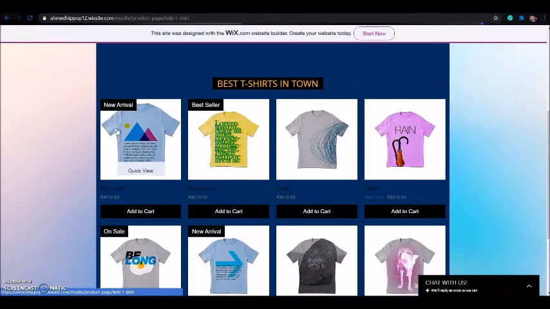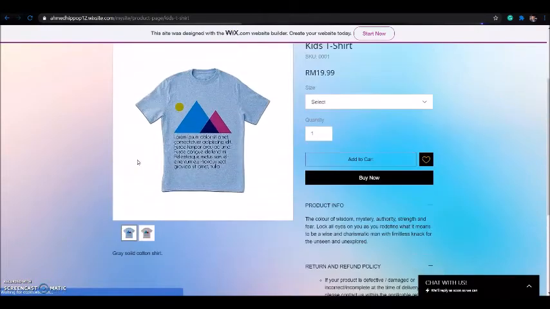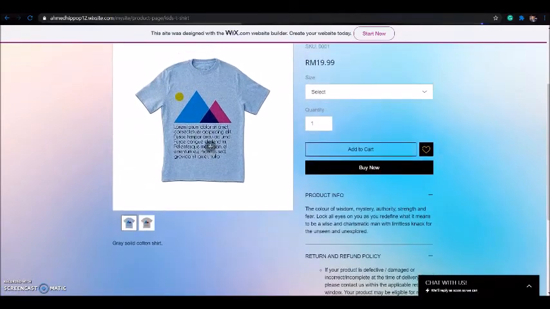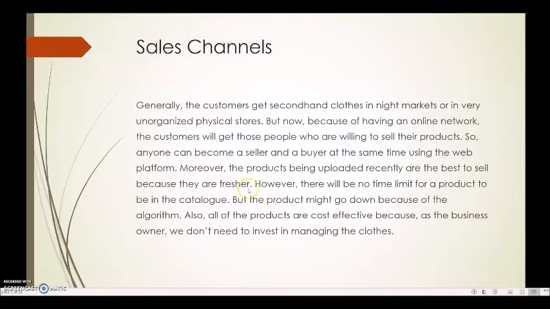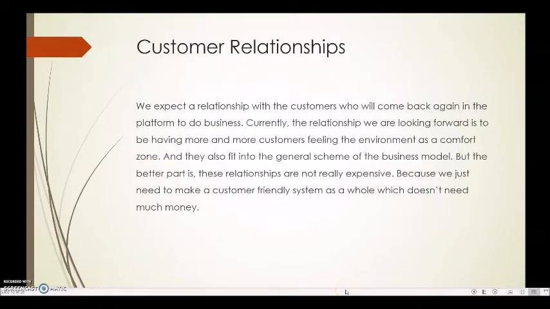They will select, and of course purchase, and this is how the sales channel would look, where sellers upload the products and get to sell.